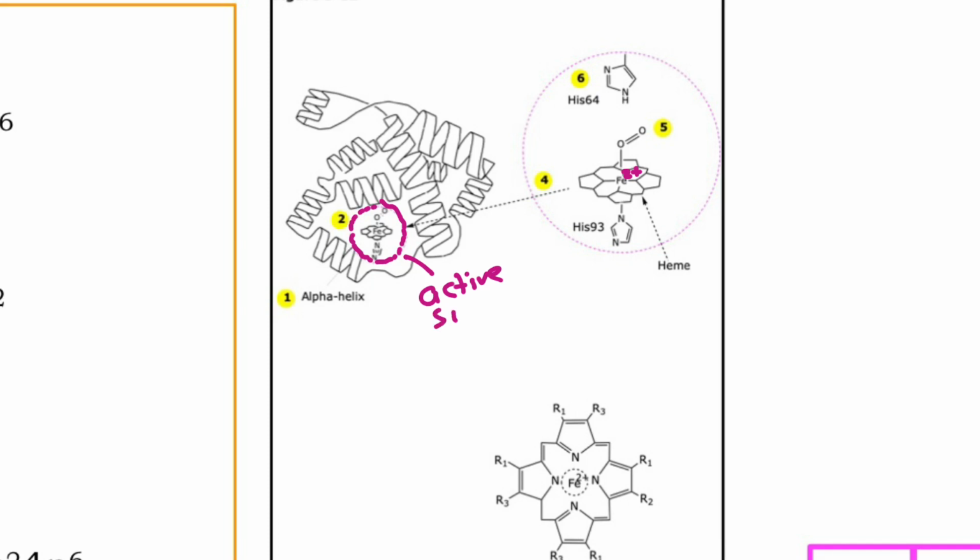The active site of the protein, whether it's myoglobin or hemoglobin, the heme group is at the active site of the protein. So the protein gives the whole heme iron a very nice environment so that the iron can do its job. And what is its job? Its job is to bind oxygen.